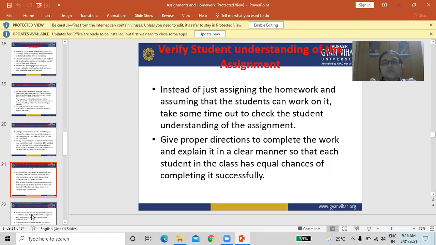Instead of just assigning the homework and assuming that the student can work on it, take some time out to check the student's understanding of the assignment, give proper direction to complete the work, and explain it in a clear manner so that each student in the class has an equal chance of completing it successfully.